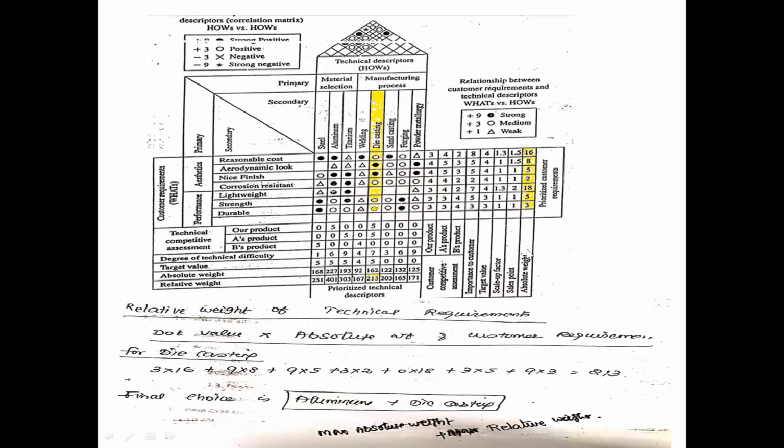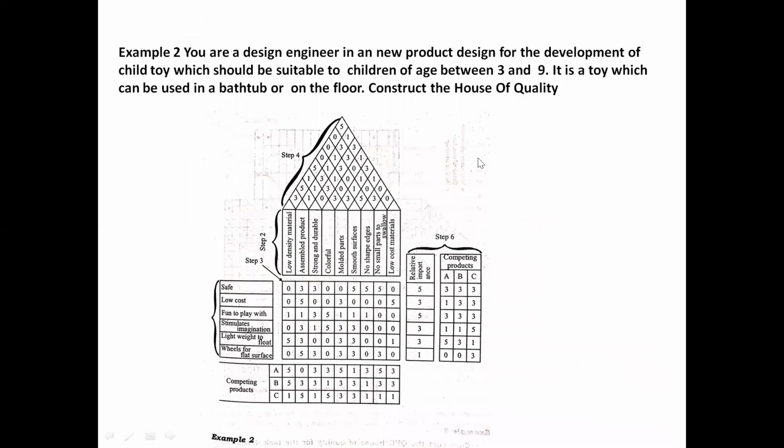We have to find out the absolute weight, then the absolute weight for the technical descriptor, the relative weight of the technical descriptor. By observing the figure, you can easily find the best one, the highest value. For this example, we can go for the aluminium handlebar with the die casting process. This is the way.